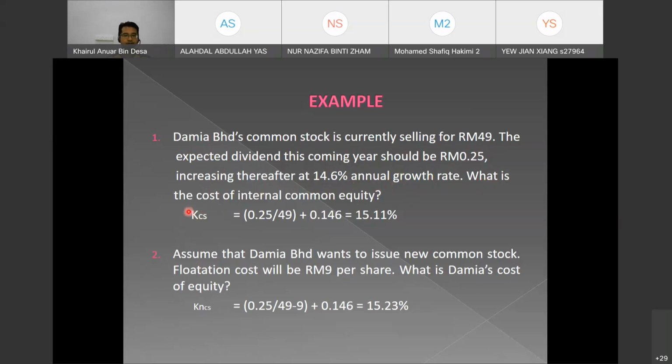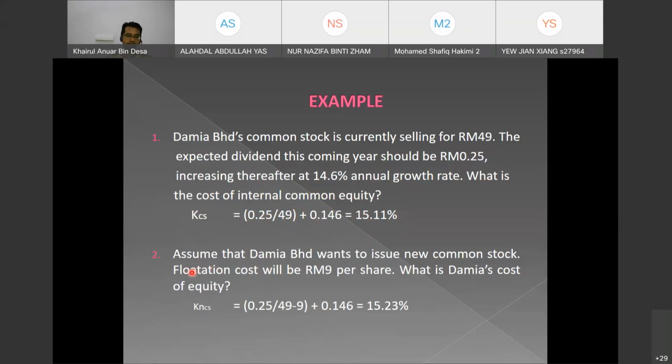What is the cost of internal common equity here? So the dividend over price, plus g, 14.6%, and the result is 15.11%.